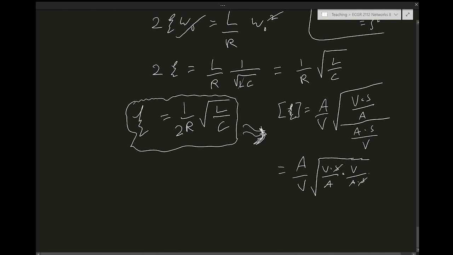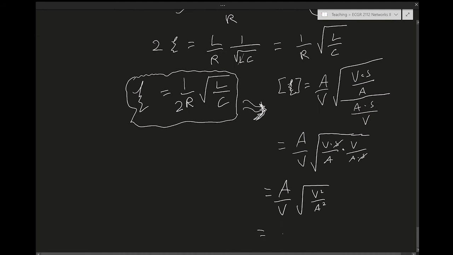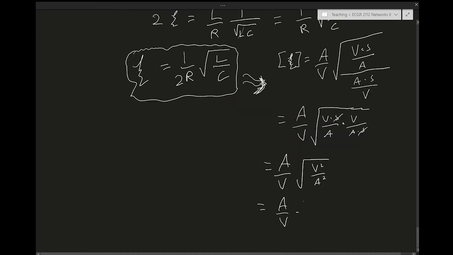Second cancels with second, and I end up with amp over volt, square root of volt squared over amp squared. This equals amp over volt times volt over amp. Aha, so this is dimensionless, as we expect.